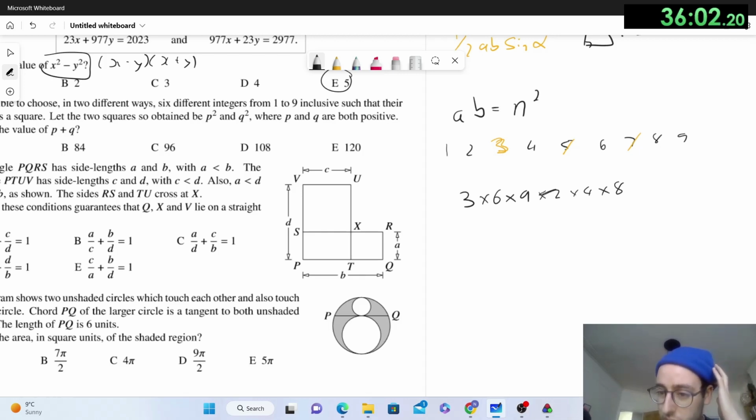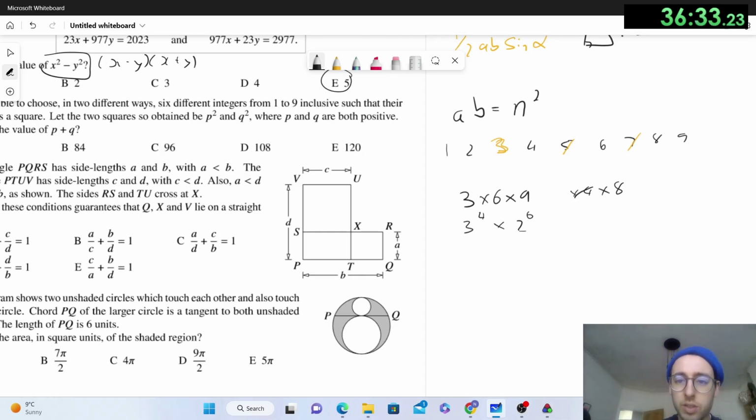Now this is a square. No, it's not. No, wait, yes it is, because I've basically got 3 to the power of 4 times 2 to the power of 6, which is a square. Okay, that's one. And the other option is that I get rid of 4 and replace it with 1.